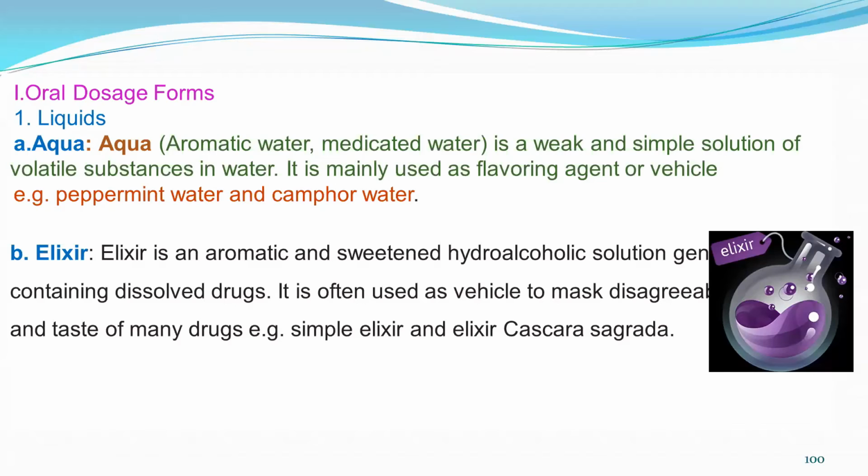For example, elixir cascara sagrada. Cascara sagrada is used in carminative mixtures and so on, but it is very bitter in taste. So to make it a little more acceptable orally, a certain aroma and sweetness is added. Then it is known as the elixir.